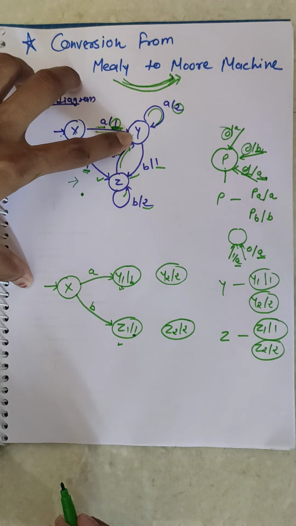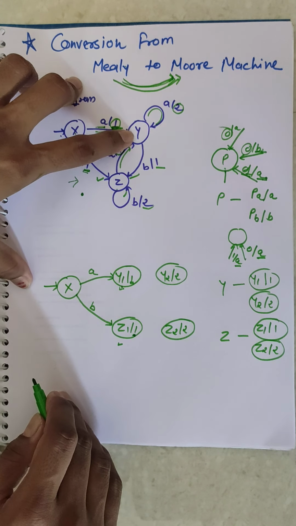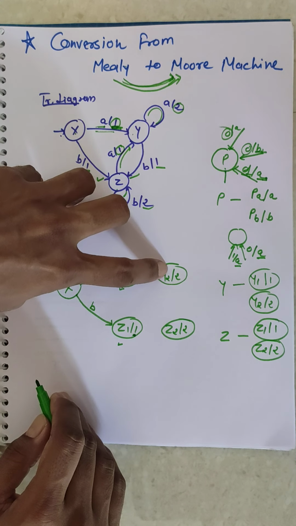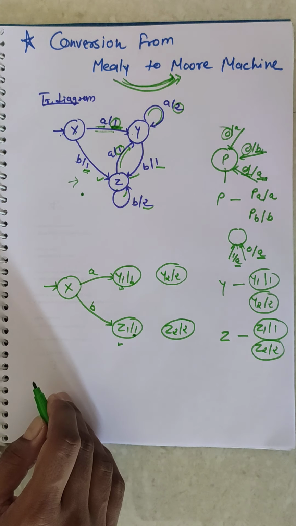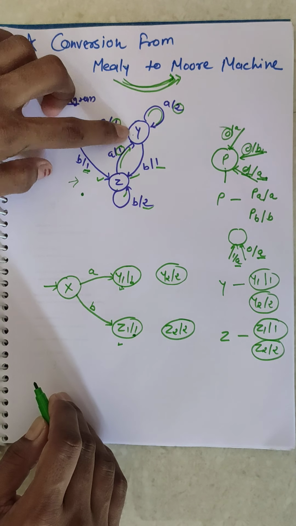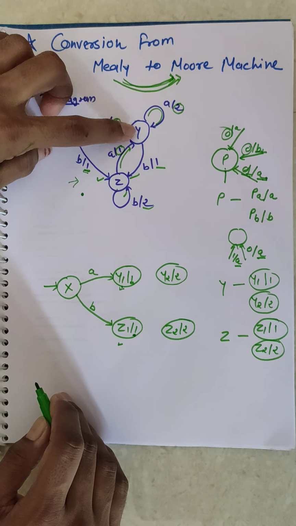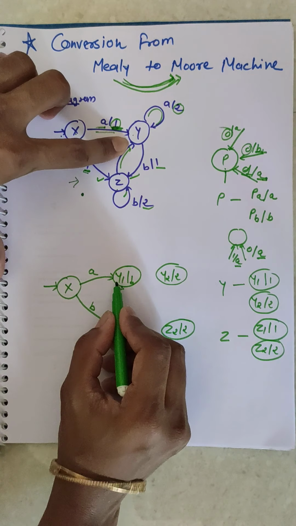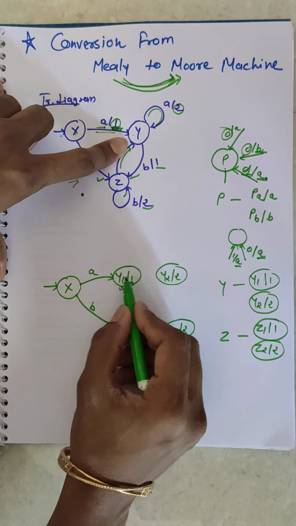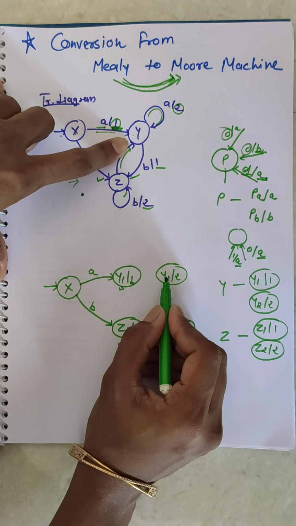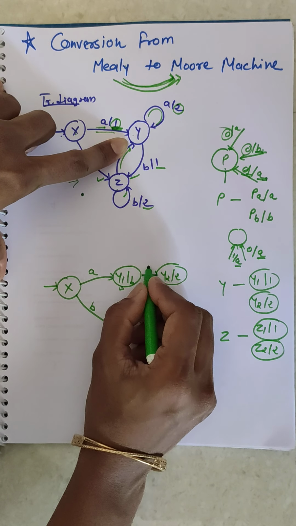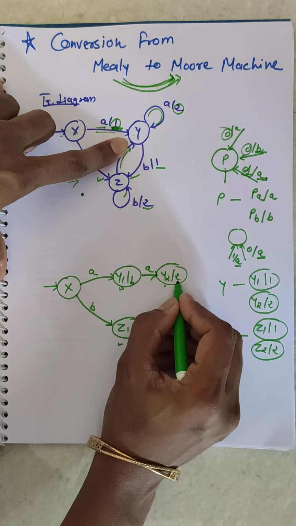Come to Y. Now whatever the transition with the Y, that is the same with the Y1 and Y2. But we have to consider the output 1 or 2. So see, Y of A is Y with the output 2, so this one. So Y of A is Y with output 2.